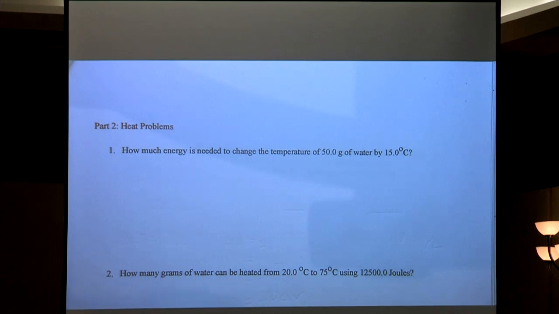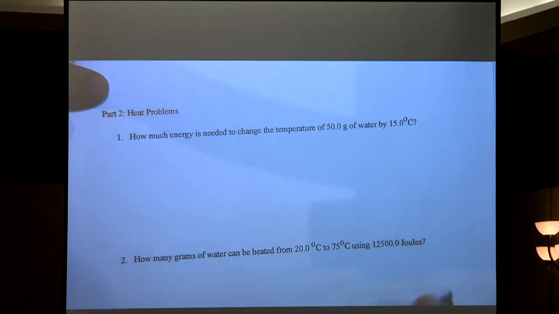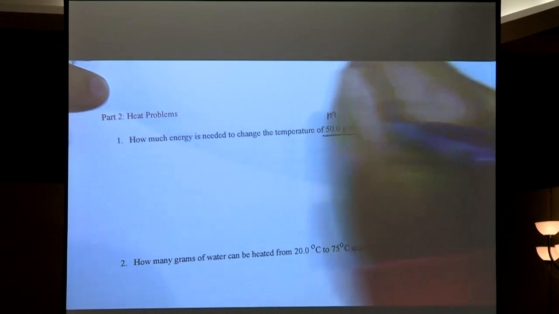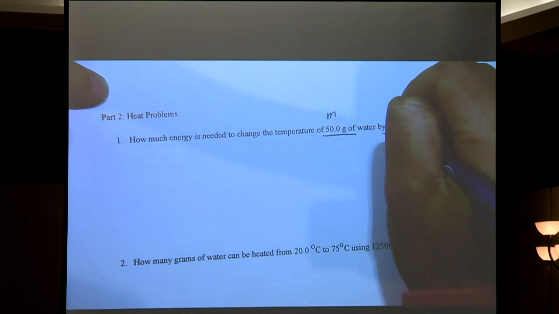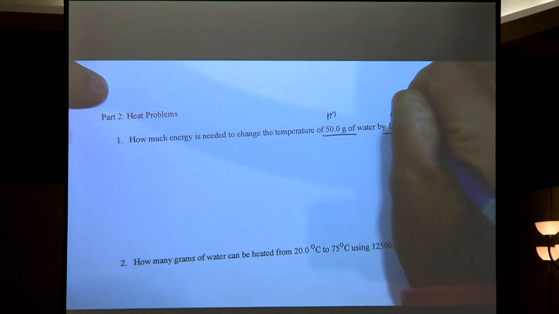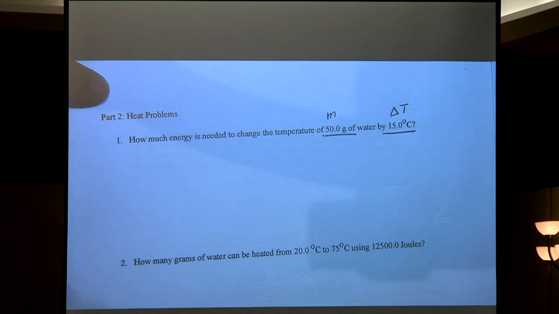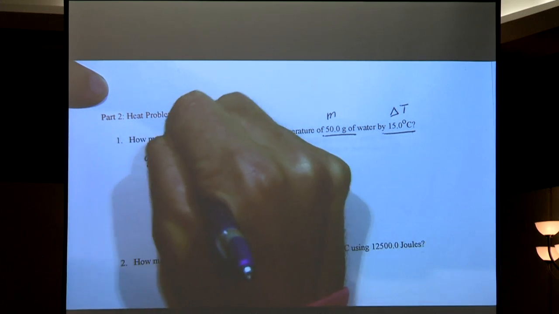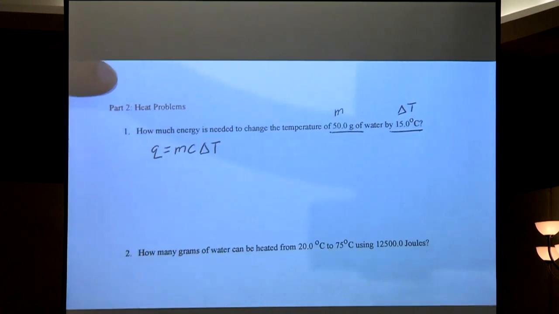All right, so this one's how much energy is needed to change the temperature of 50 grams of water by 15 degrees Celsius. Okay, so we know we have 50 grams of water, which is my M. We have a delta T, change in temperature. So what formula are we going to use? Q equals MC delta T. Awesome.